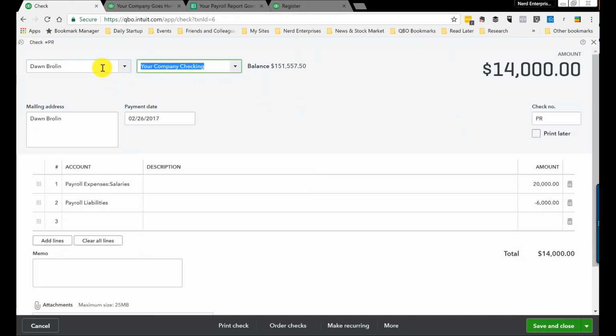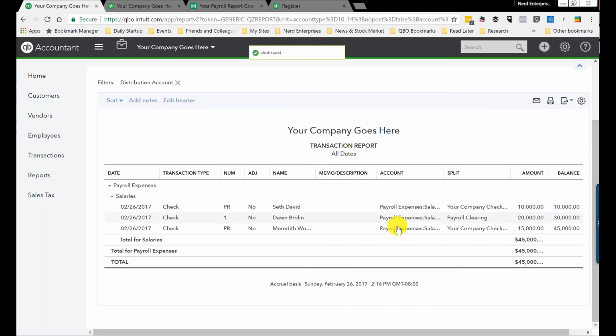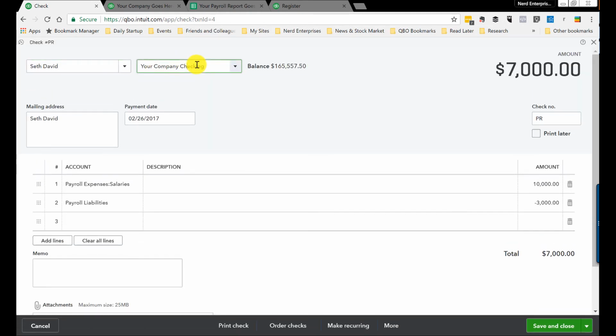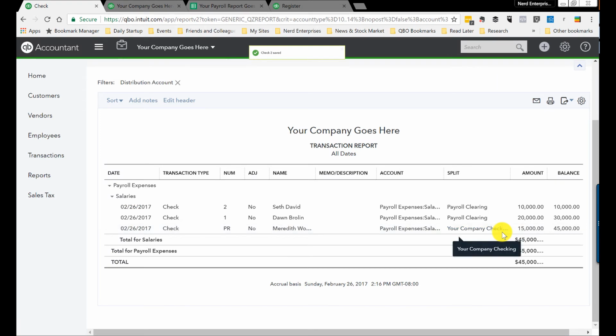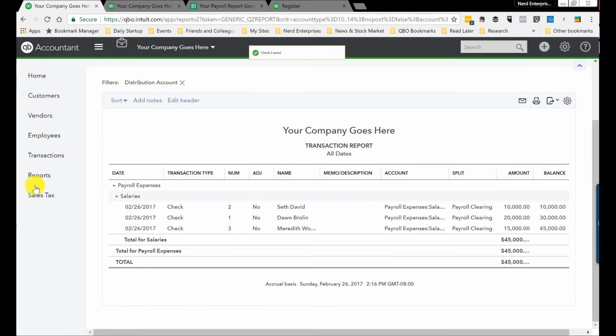So we need to make sure we choose the right bank account. It has to be payroll clearing, right? So save and close. Over here, save and close. Save and close.